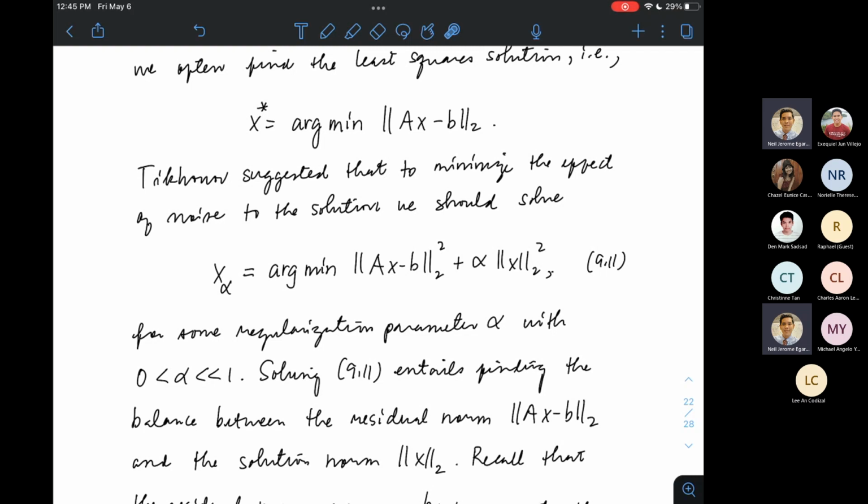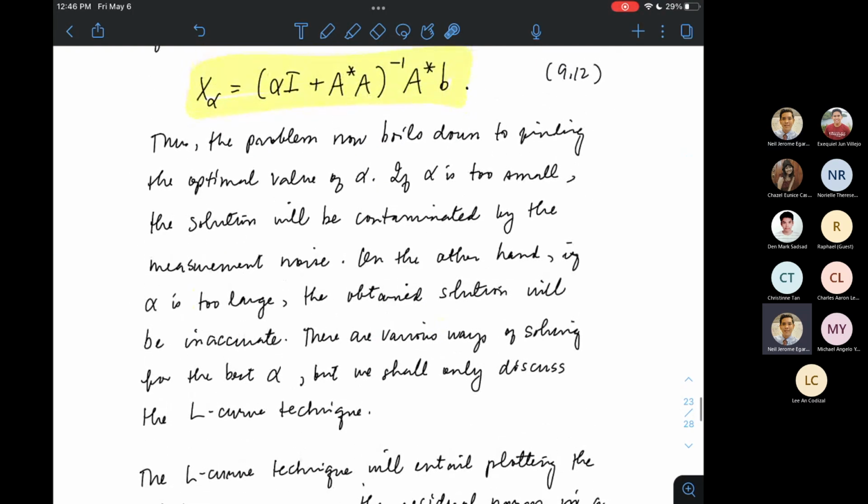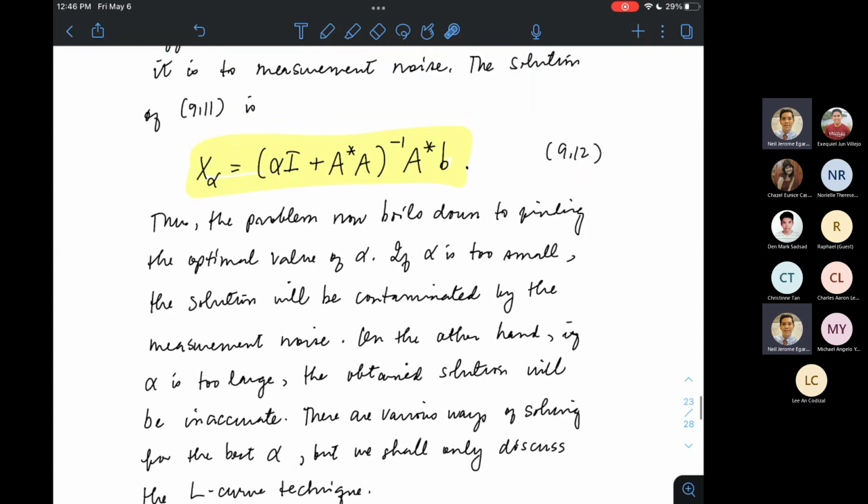Ayaw din naman natin na masyadong malaki si alpha. Kasi kung masyadong malaki si alpha, ibig sabihin, mafo-force na maliit itong norm ng solution. So ibig sabihin, magkakaroon ng chance na malaki yung residual. Or nabaligtad ko ba siya? Hold on guys. Tama. Kung si alpha ay masyadong malaki, yung solution might be inaccurate. Bakit?